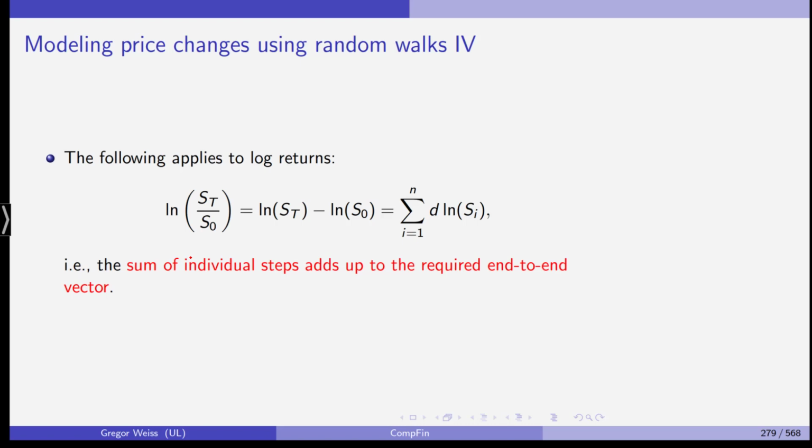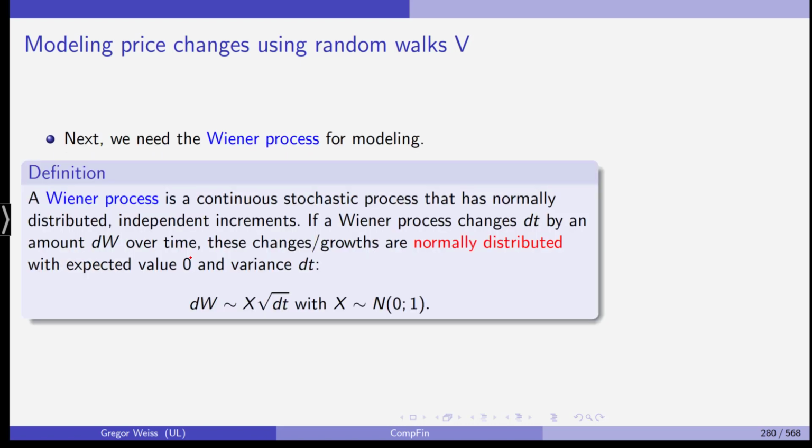Now, next, we'll define a Wiener process. So far, we've only said, okay, we want to model this as a random walk. So we need a more concrete example of a stochastic process, and this is the Wiener process. A Wiener process is a continuous stochastic process that has normally distributed independent increments.